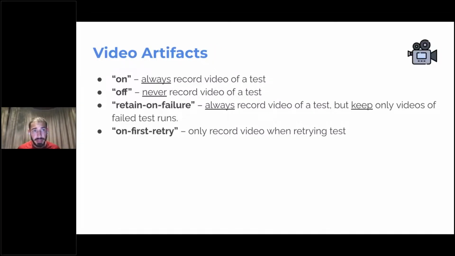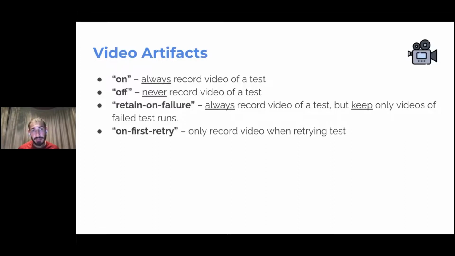Now, video artifacts. Video has on and off, again, like screenshots do. And it also has a fancy retain-on-failure option. So retain-on-failure means we will record videos for all the test runs, but we will remove them later on, keeping only the ones for failed tests.